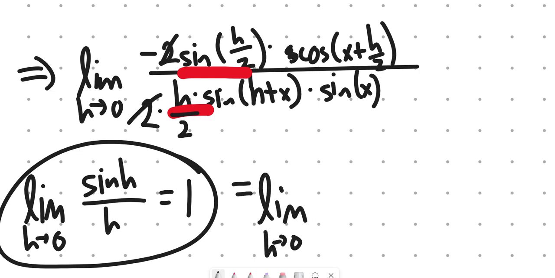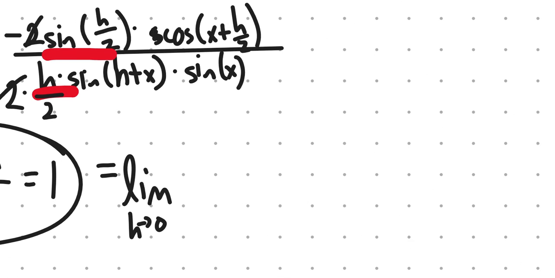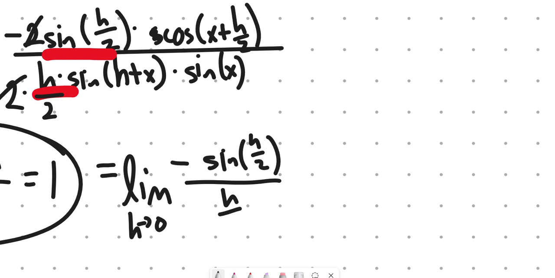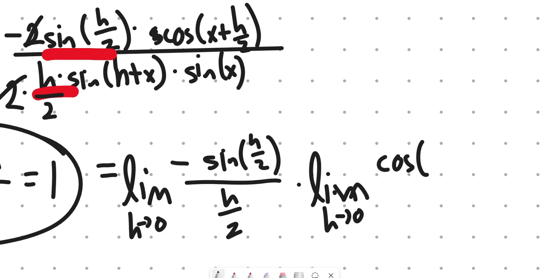Since we use the limit property that a limit of a times a limit of b is the same as the limit of a times b, we're going to divide it into two limits. We take the negative sine of h over 2 over h over 2, times the limit as h approaches 0 of cosine of x plus h over 2, and the whole thing over sine of x.